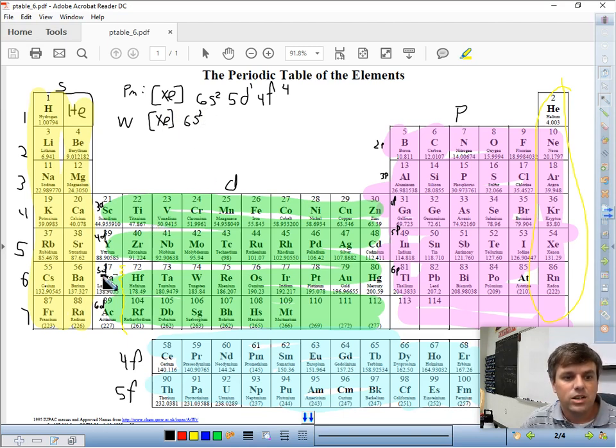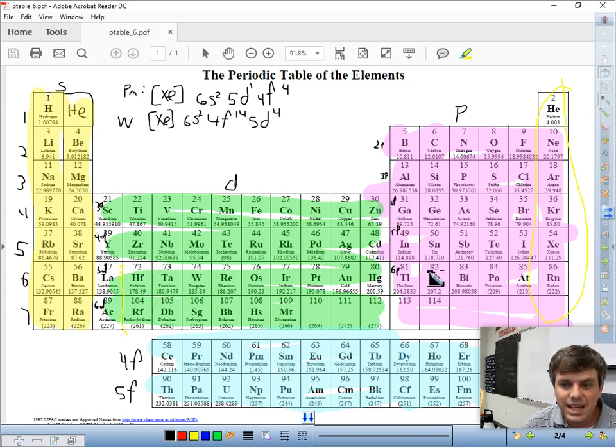Then there would be the 5d1, but we're coming back to the 5d, so we're just going to hold off on writing it. Then we have the 4f14. Sorry, you can't see all of the 4f's on my periodic table because my face is in the way. And then we come back to the 5d's, and we're going to include this one. So 1, 2, 3, 4.